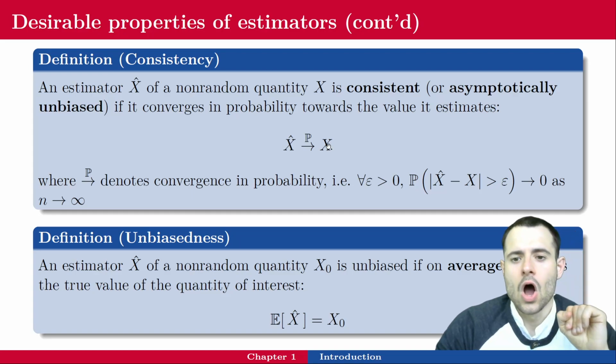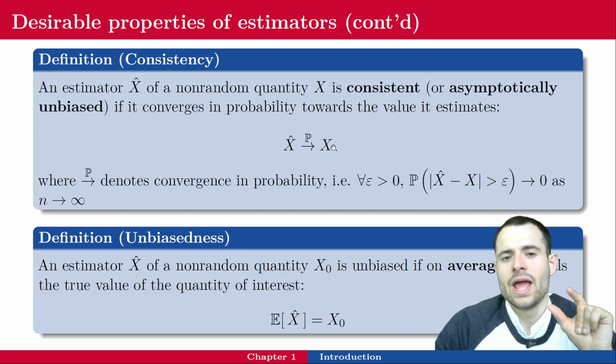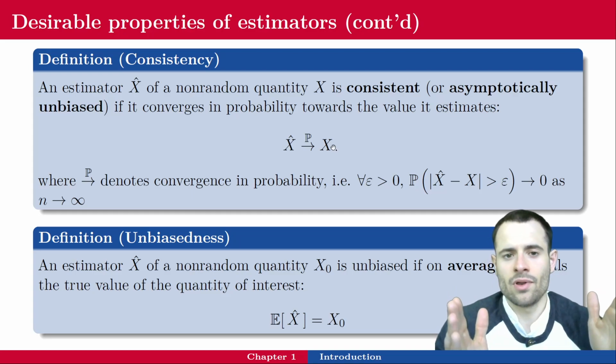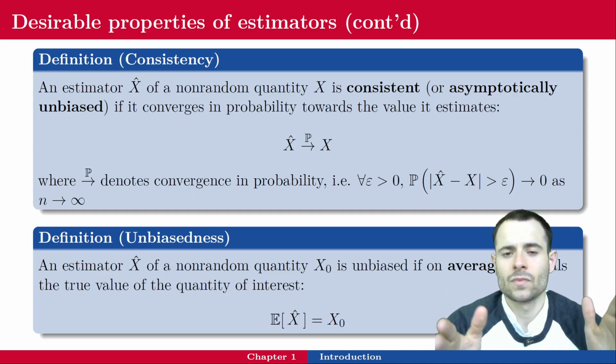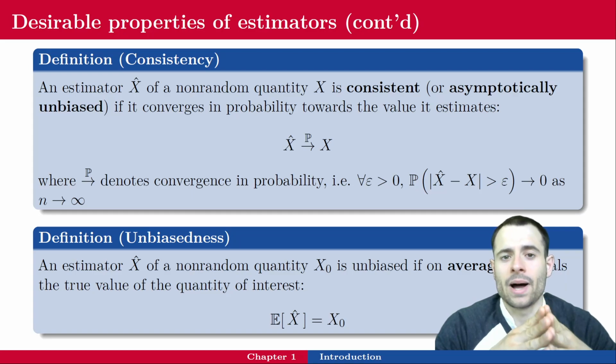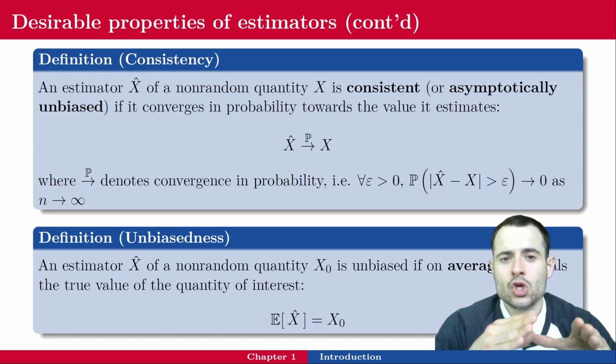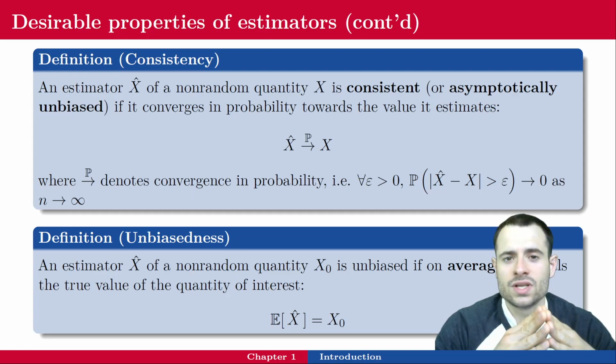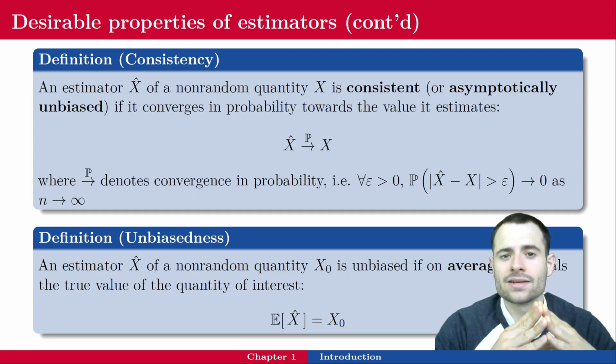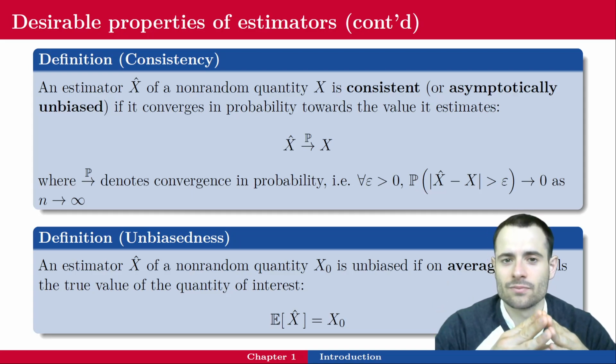So, on a fixed sample, let's say you have a sample of 100 observations, your estimate could be biased. But if you go from a sample of 100 to 1000, you get closer to the truth because when the sample increases, the bias decreases.